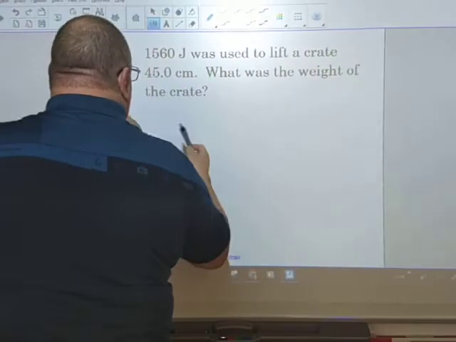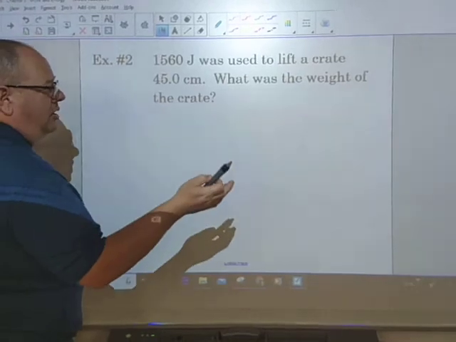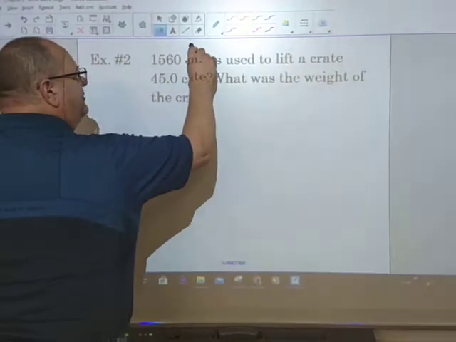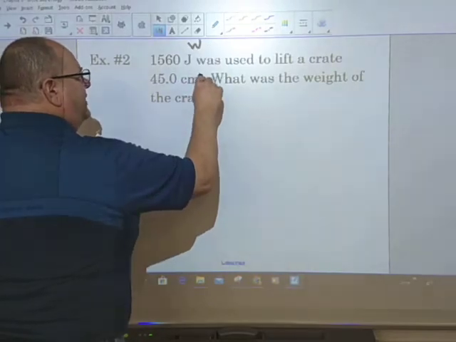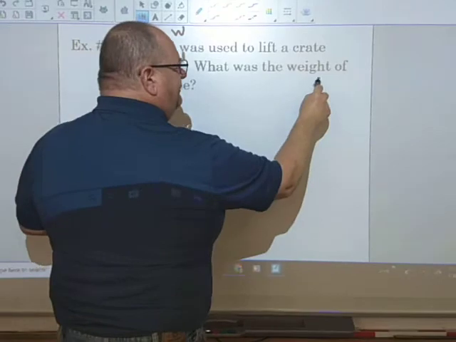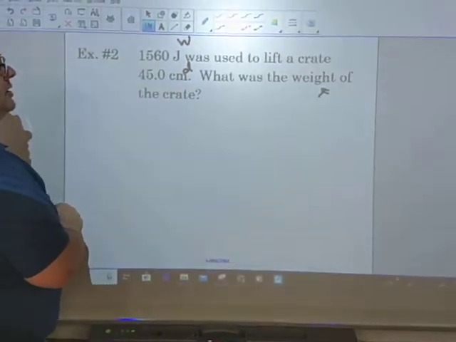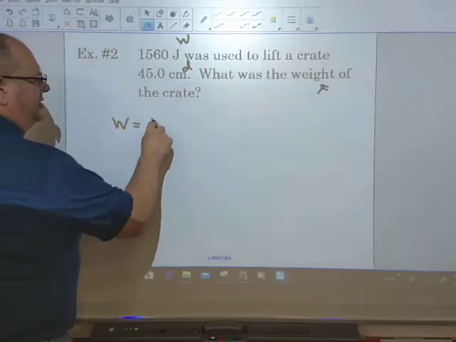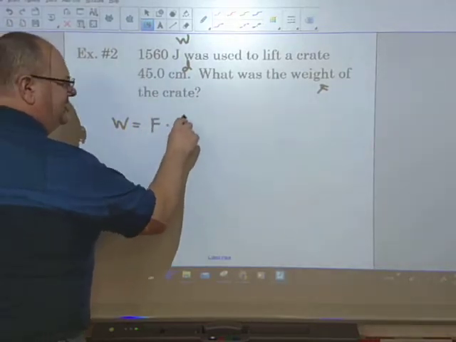Well, we've got joules, so we know we're dealing with work. We've got a distance. Okay, so we've got work, we've got a distance. We're looking for weight. Well, that's a force, right? So work is force times distance.